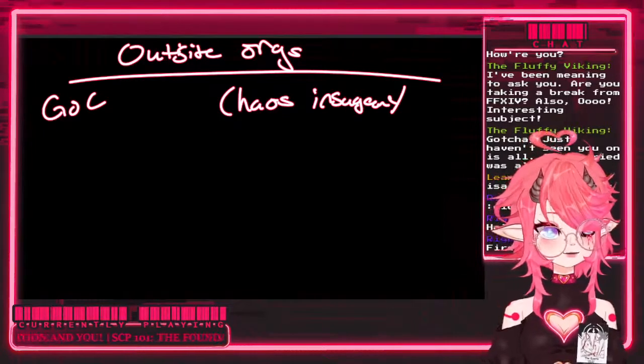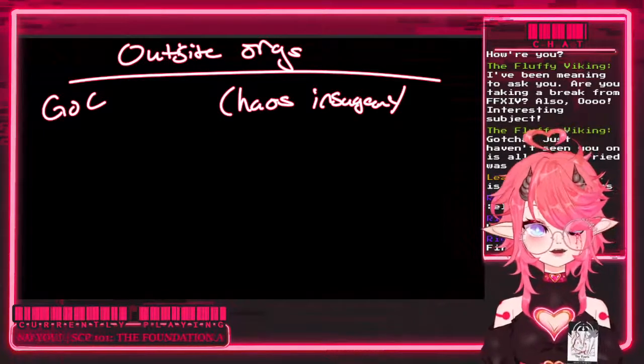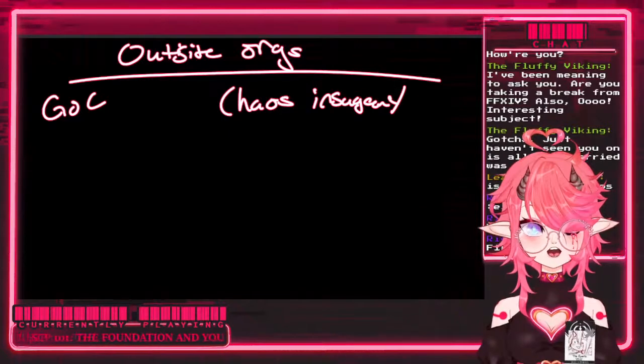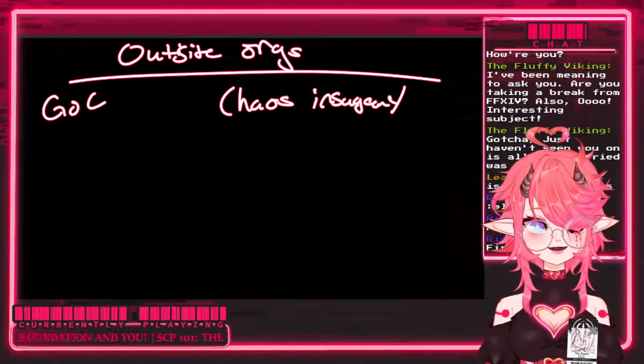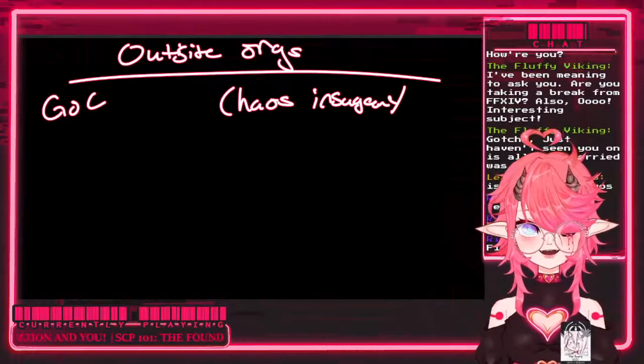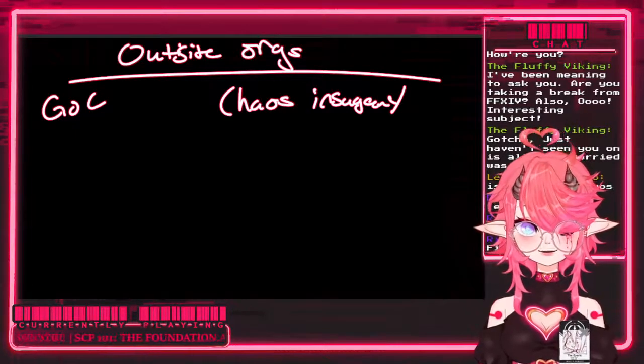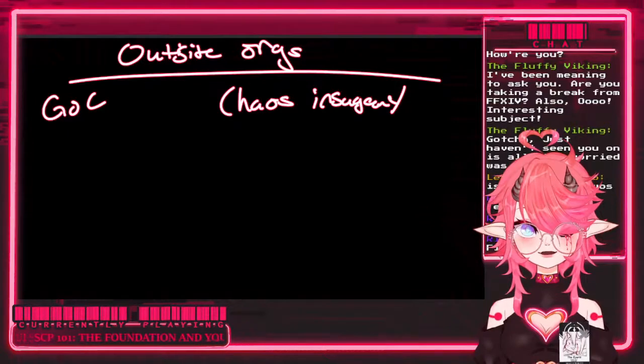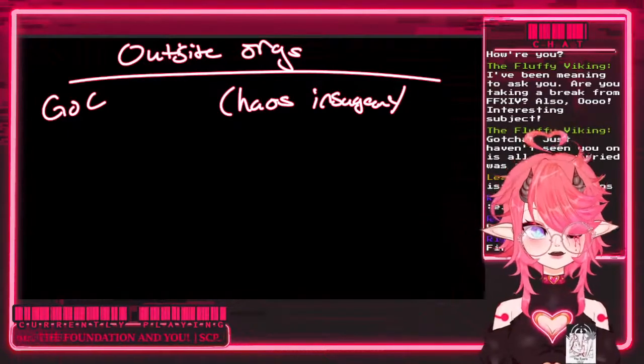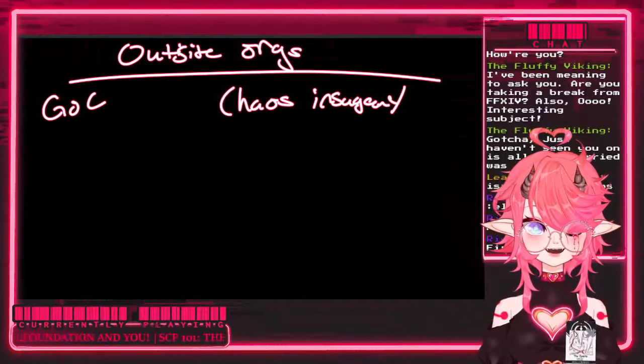The Chaos Insurgency is probably one of the worst organizations you could work for. They treat almost all of their employees like D-class personnel. So if you are invested at all, I would recommend staying away from them.